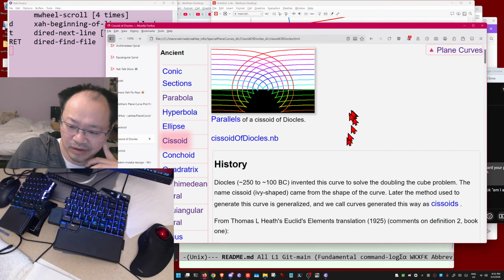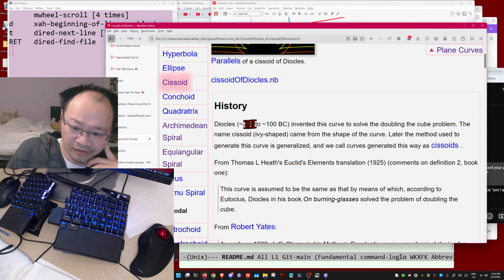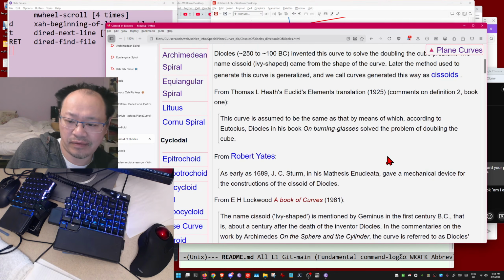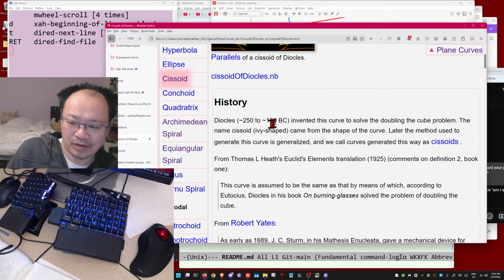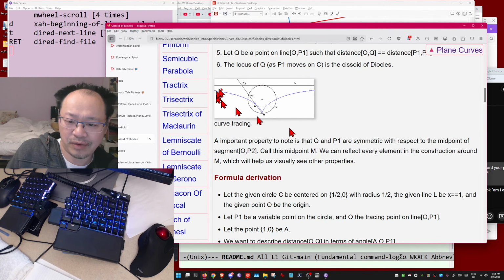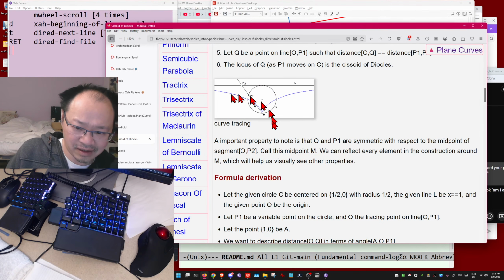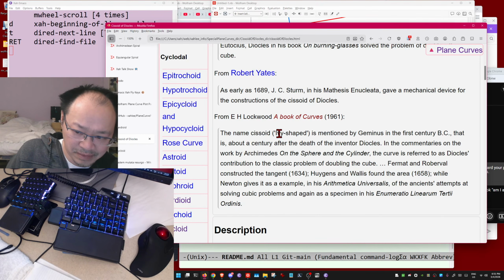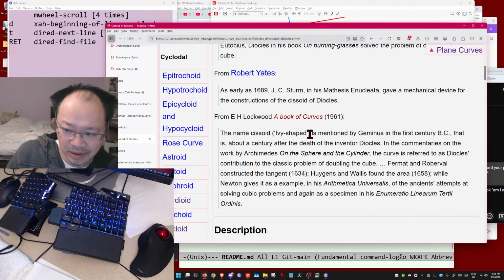It's a curve created about 2,000 years ago, trying to solve the doubling the cube problem. It looks like that, kind of like ivy. The name cissoid means ivy-shaped, ivy, which is a plant.